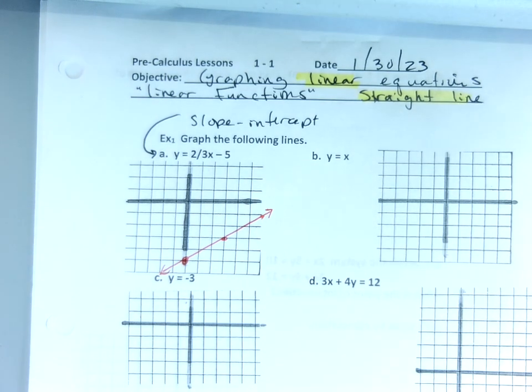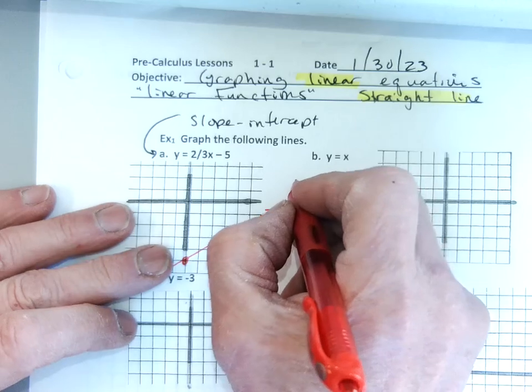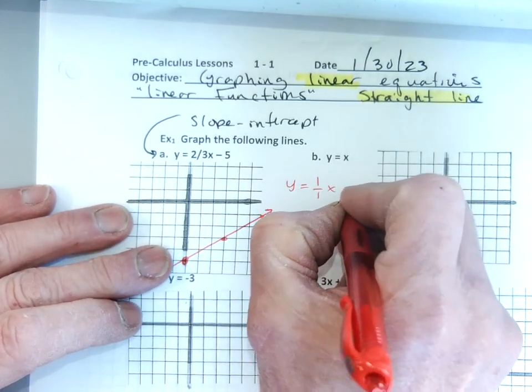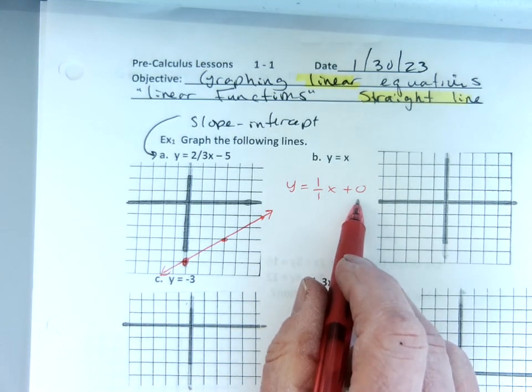Now B is the same type of line, which just has some invisible numbers. So let me rewrite it, okay? I'm going to rewrite B as y equals 1/1 x plus 0. Sometimes having the invisible numbers is helpful. And then we have our y-intercept and we have our slope.